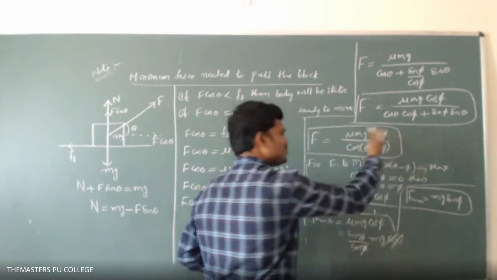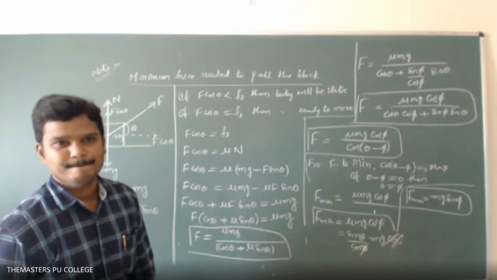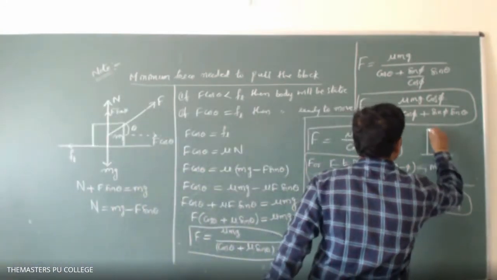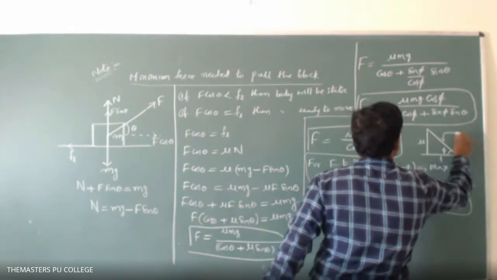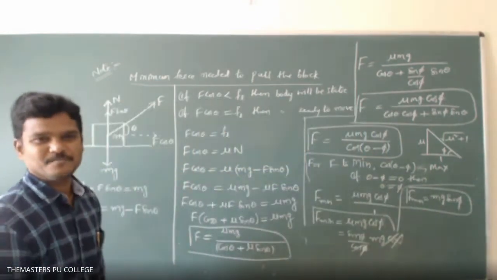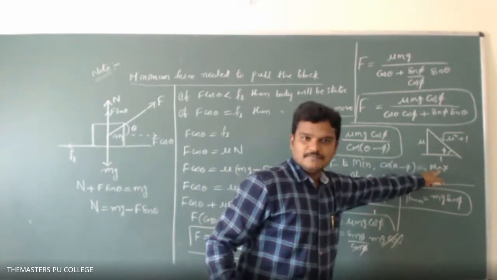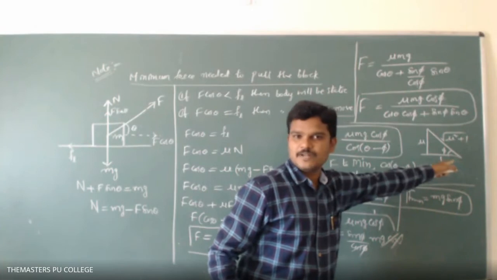If you want one more, we can write it. What is the tan phi formula? Tan phi is mu. Mu by 1, tan phi, opposite by adjacent. What is the hypotenuse? Root of mu square plus 1.